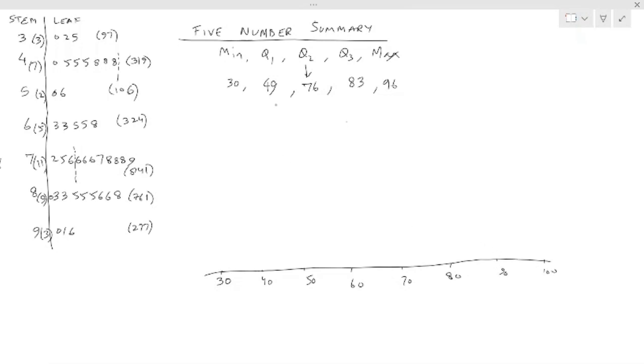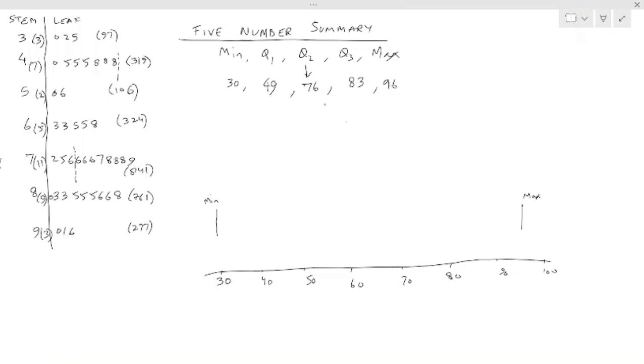Now we draw two vertical lines, one at 30 and another at 96. Both the lines should be parallel and equal in length. So this is indicating the minimum, and this is indicating the maximum line for the data on the box plot.